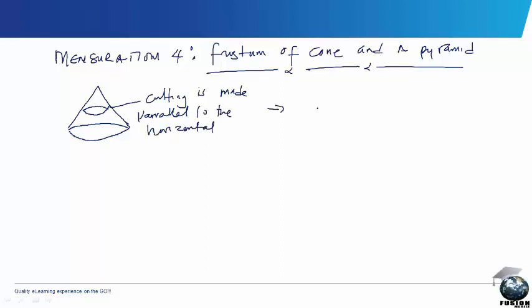And with this cutting we have a smaller cone in the form of this, and since there is a cutting through, you have another cone altogether.